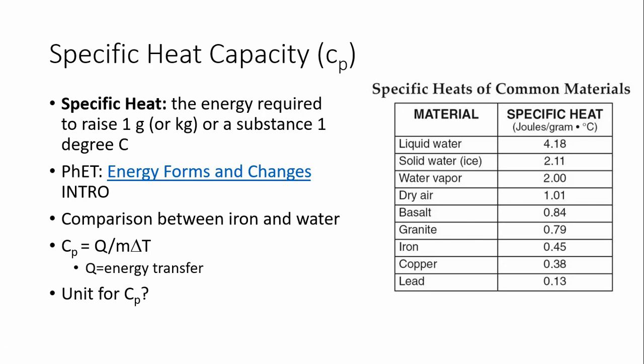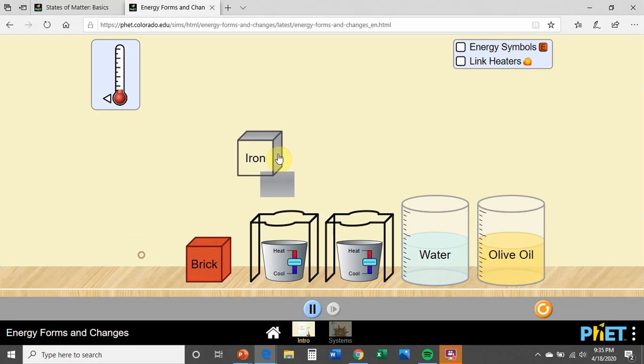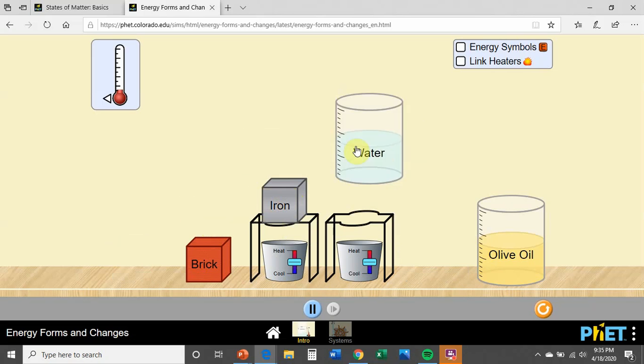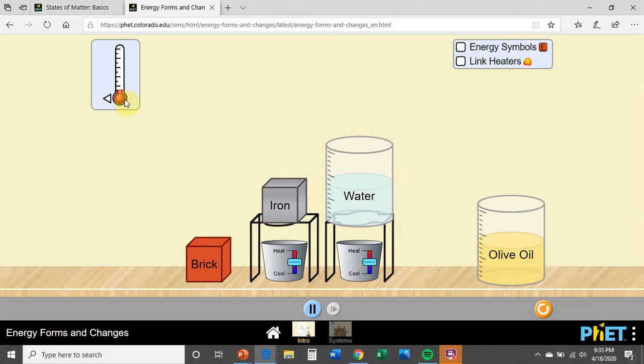So let's flip back. So in our example, we're going to take iron, we're going to take water, we're going to assume that this is the same mass, and we're going to monitor the temperature of the two of those. We're going to link these heaters underneath, and we're going to observe the temperature change between the two of them. So again, we're assuming that this is the same mass.